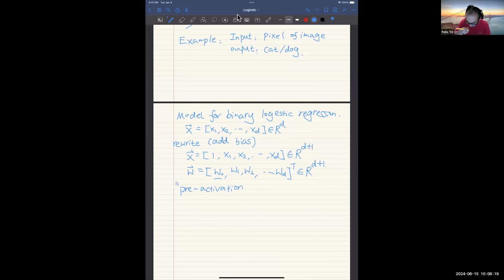I'm going to call the pre-activation Z, the inner product between X and W. This is a row and this is a column, so it is 1 by D plus 1 times D plus 1 by 1, which gives a scalar in R. With that, I'm going to make a prediction with the linear classifier.